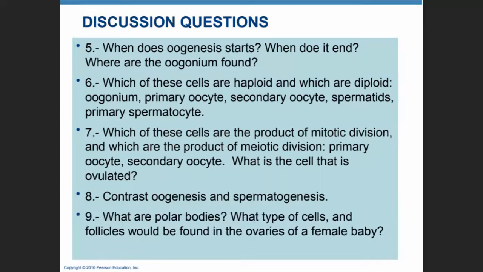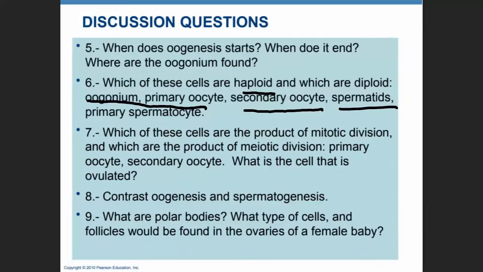So at this point, you should be able to explain when oogenesis starts, when it ends, and where the oogonium is found: what part of the ovaries, the cortex, not the medulla. Which of these cells are haploid, which are diploid? Oogonium and primary oocytes are diploid; starting at the secondary oocyte, and spermatids will be haploid.